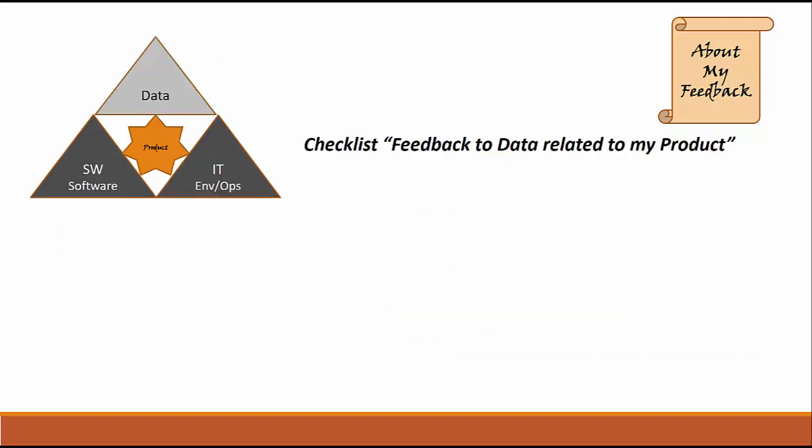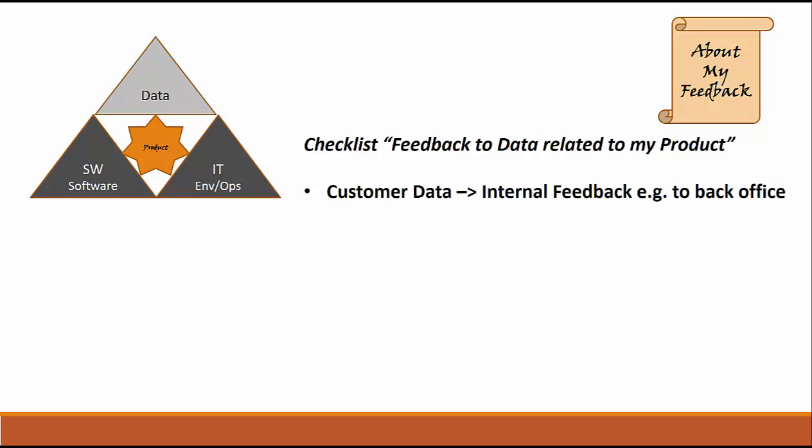Now let's go clockwise to those topics, starting with the data topic. So, the checklist of the feedback for data-related topics of my product. The first question is: do you have customer data? Those are data the customer is entering into the system or processing in the system.